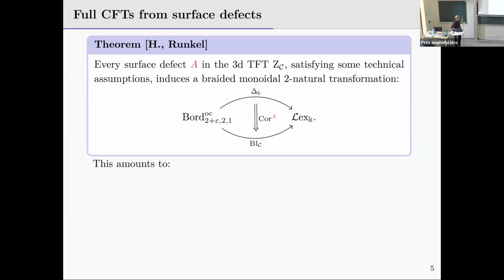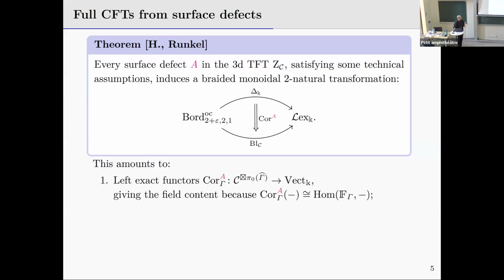Okay, so as I said, for every object in our bordism category, we get a 1-morphism here. So for every closed 1-manifold, we get a left exact functor. And if you go through the construction, you will find that it is a left exact functor of this type. The details don't matter too much here. What matters more is the statement that every left exact functor is representable.